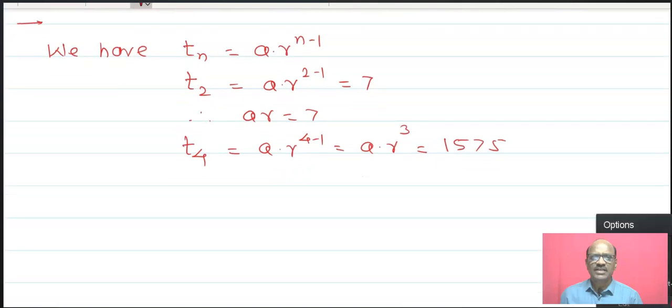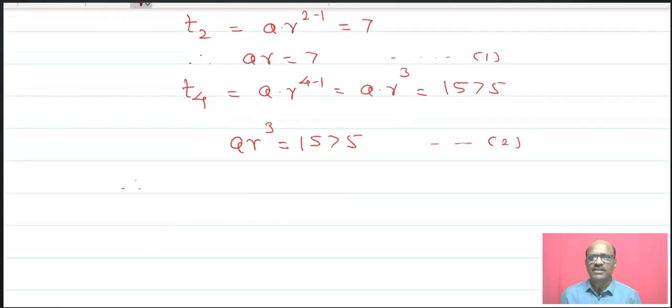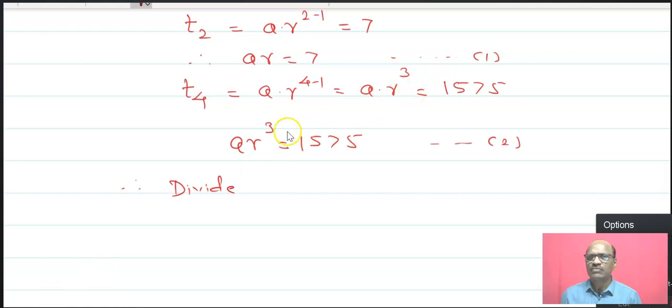T4 is equal to A into R raised to 4 minus 1, that is AR cube is equal to 1575. Now next we will take the ratio of these two values.